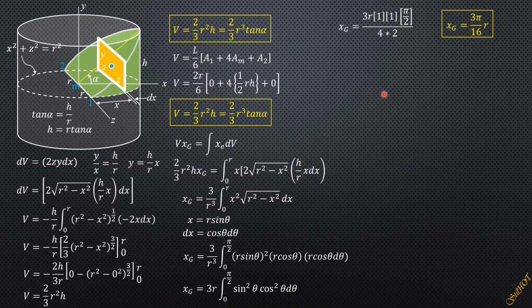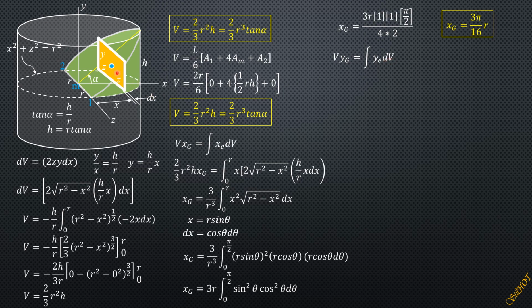So likewise, we have to evaluate yg, the location of the centroid of this cylindrical wedge above the xz plane. So that's yg. By the first moment of mass principle in integral calculus, or Varignon's theorem, volume times yg equals the integral of the centroidal y of the element times the differential volume.